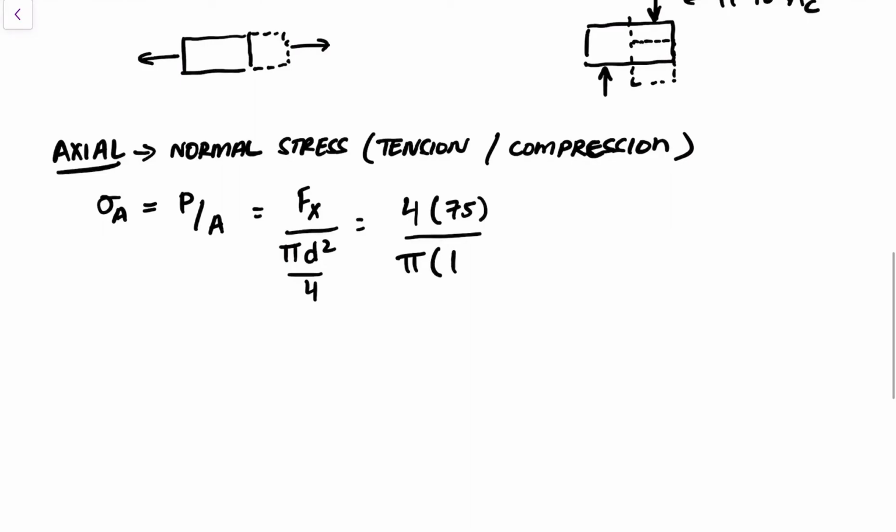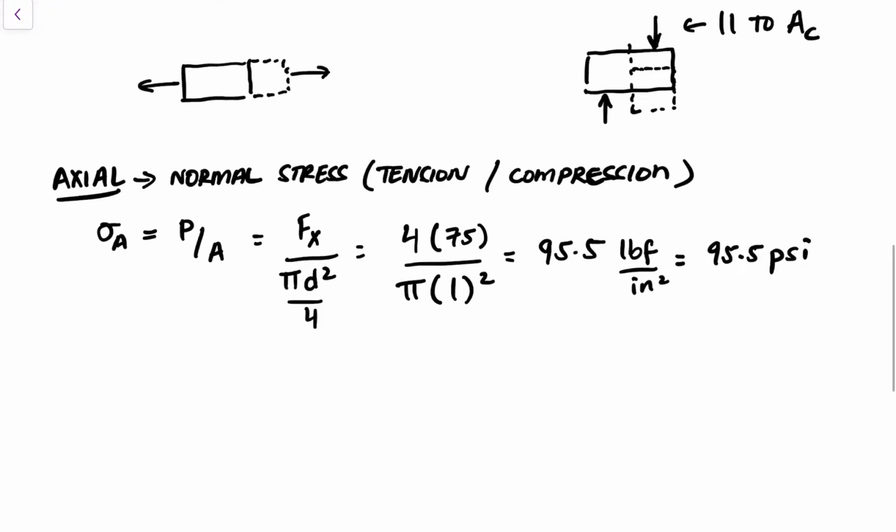So that's 1 squared, and that gives us 95.5, and the units are going to be pounds of force divided by inch squared, or in other words, 95.5 psi, right? So this is sigma A.